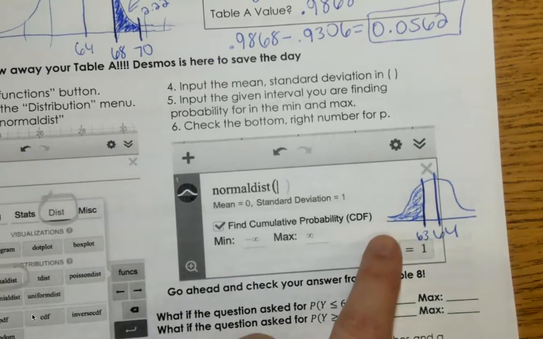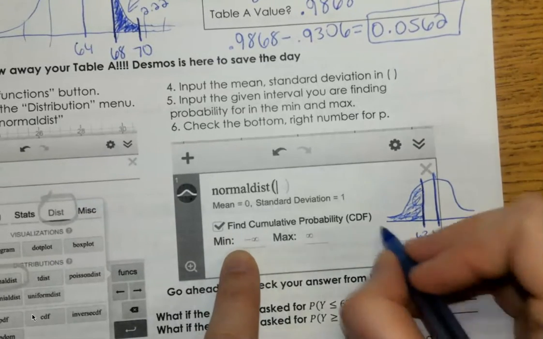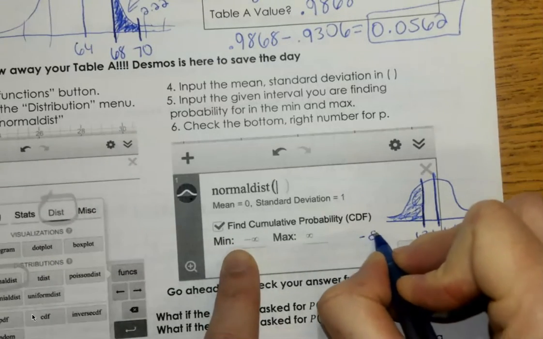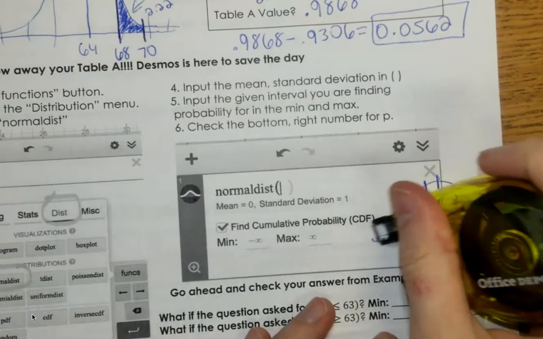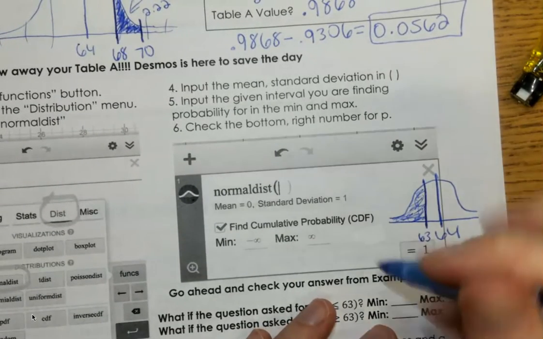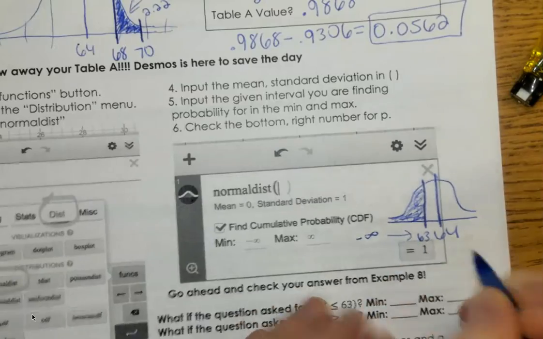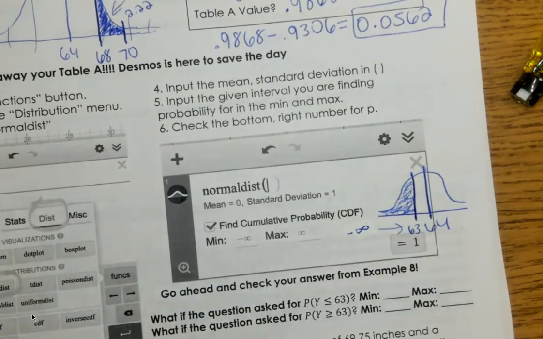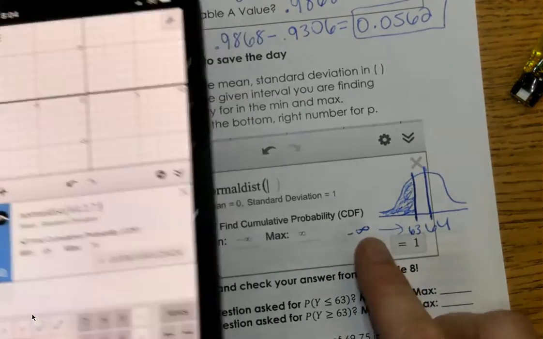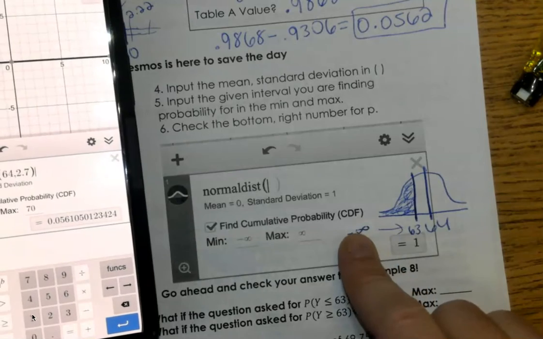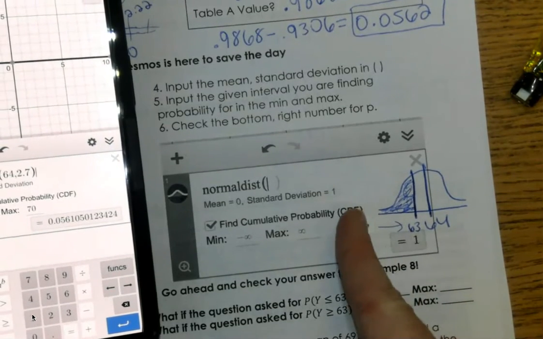So what I'd want to do is find the area with the min of negative infinity. Oops, I just drew an 8 because I can't draw an infinity. Min of negative infinity to 63. So I could put -3, but -3 is not the end of our normal curve.